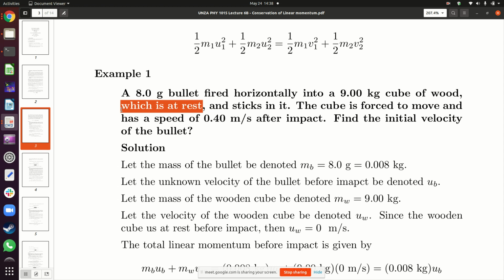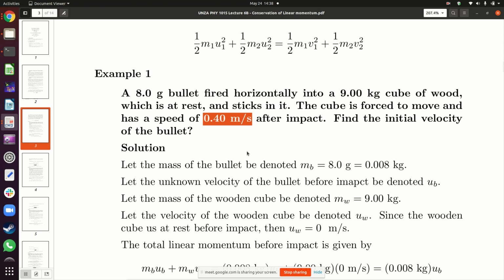When the bullet hits the cube and gets stuck, the act of the bullet hitting the cube is a collision itself. We are told that the bullet gets stuck in the wood, which means that the wood and the bullet move with the same velocity after impact. And that velocity is 0.4 meters per second.